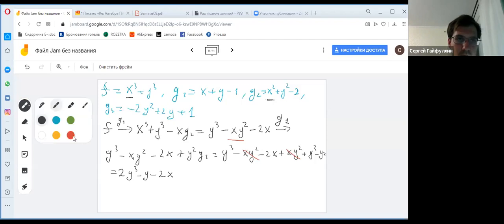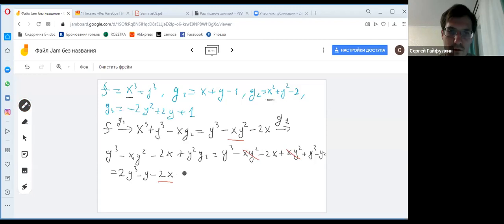Now I can one more time reduce by g1 for this term. So this is 2y cubed minus y minus 2x plus 2g1.